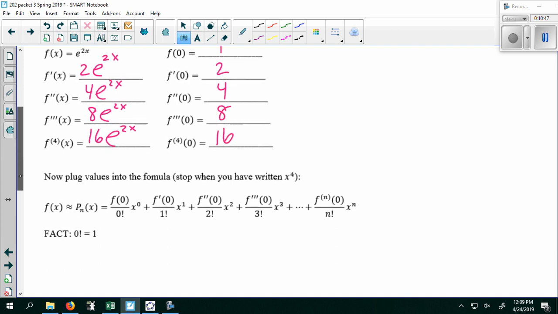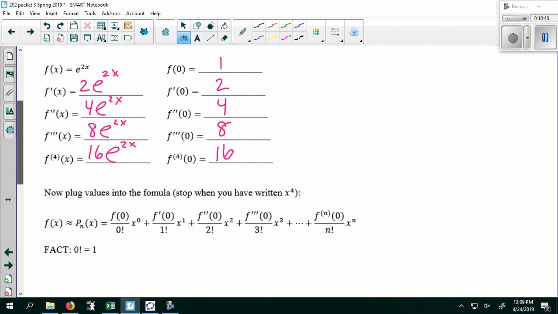And then I'm going to plug those values into this formula for the Taylor polynomial of degree n. And I should notice the fact that 0 factorial is 1. So f of 0 over 0 factorial.